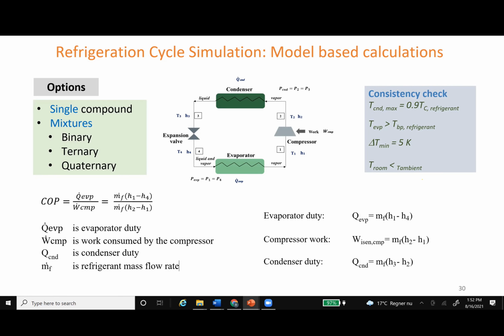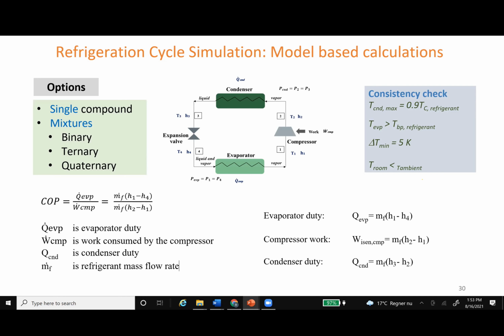Then what we are interested in at the end is the coefficient of performance, which is the evaporator duty and the condenser work, compressor work, sorry. And then they need the enthalpies at points 1, 4, 2, 1. And if we can calculate them, that means we need to know the temperature, pressure, and state at each of those points.